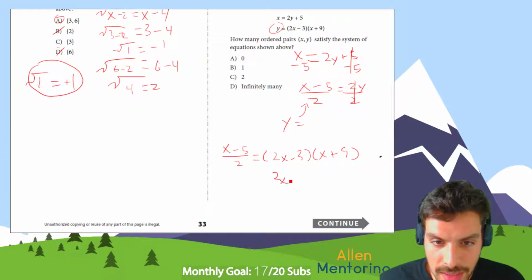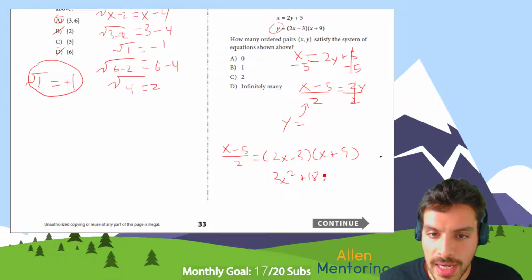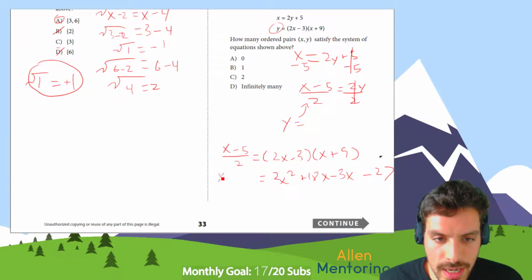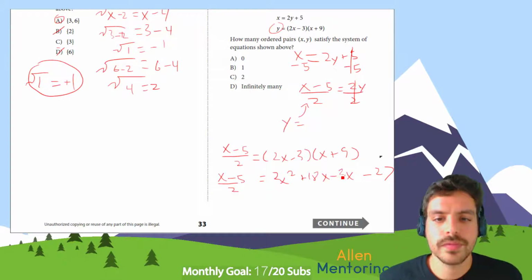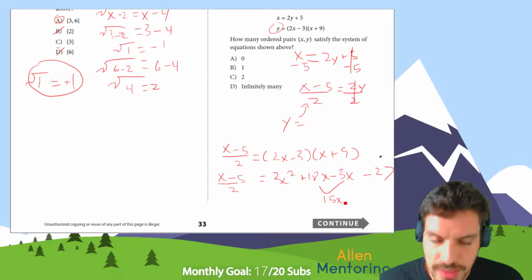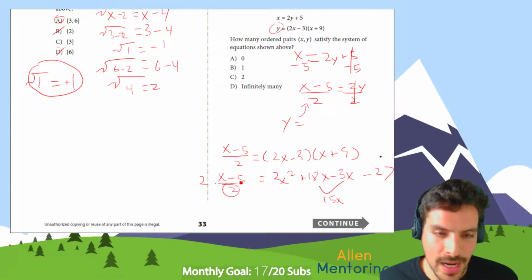So we have 2x squared outer plus 18x inner minus 3x last minus 27 is equal to (x minus 5) over 2. We're going to combine these to be 15x. Then we're going to multiply everything by 2 because we want to get rid of this denominator.